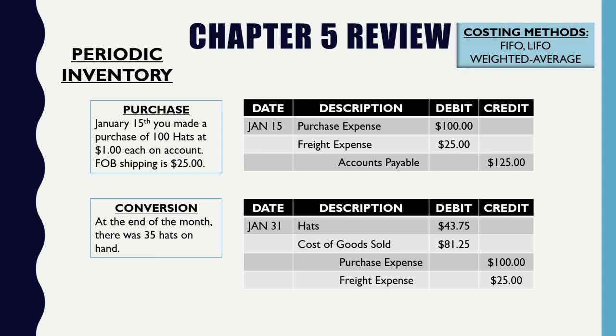That's where we do our whole inventory worksheet, and then we do our conversion entry, because we're moving the items in the purchase expense and recognizing them as inventory. So that's converting from an expense to an asset.